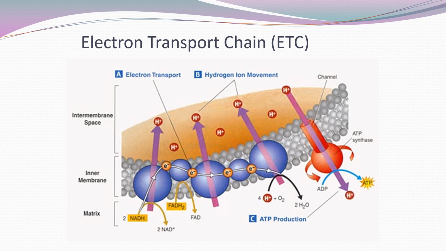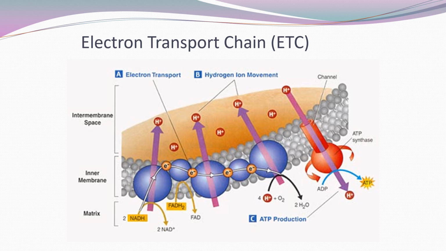Again, this is making that gradient where those hydrogen ions are able to move across the plasma membrane and out of the cell. But then we have that positive charge, as well as a larger amount of hydrogen ions on the outside of the cell that are wanting to get back in.